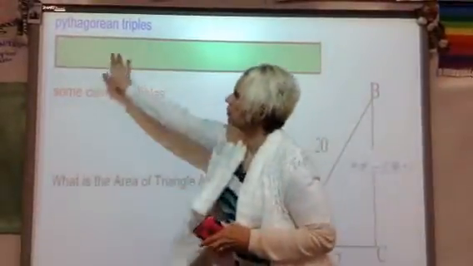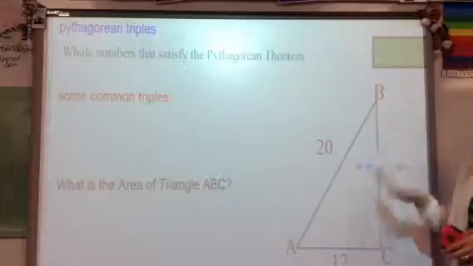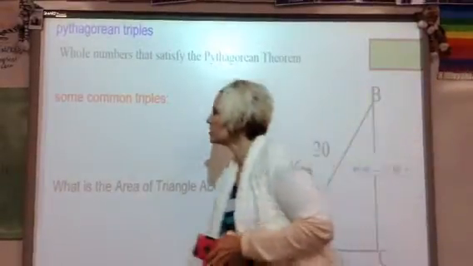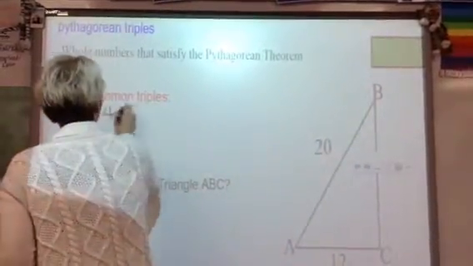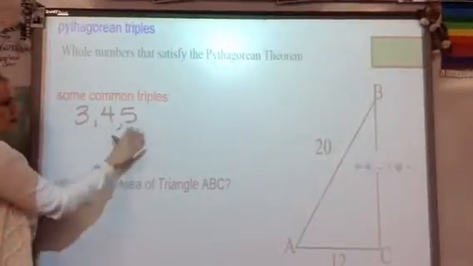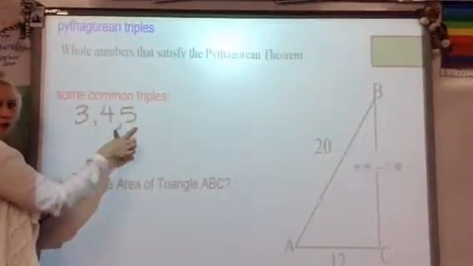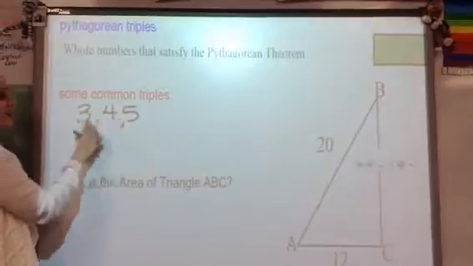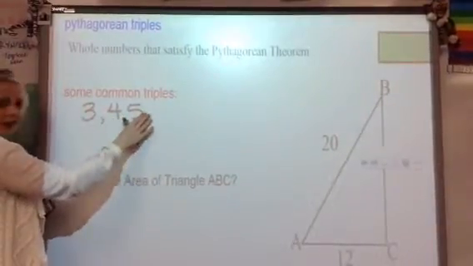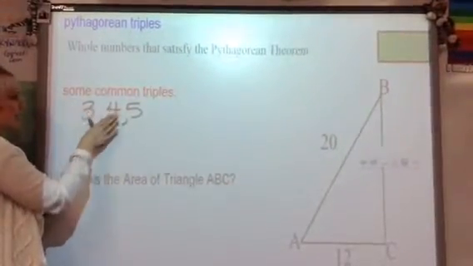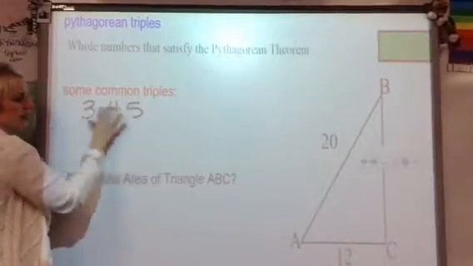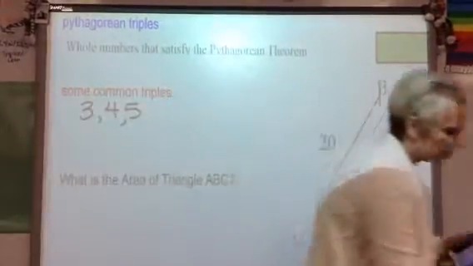The Pythagorean triples are whole numbers that satisfy the Pythagorean theorem. Some common triples are 3, 4, 5. A 3, 4, 5 is always a right triangle. 3 squared plus 4 squared equals 5 squared. Any scale factor of this, like a 6, 8, 10 or a 9, 12, 15, would also be a Pythagorean triple.